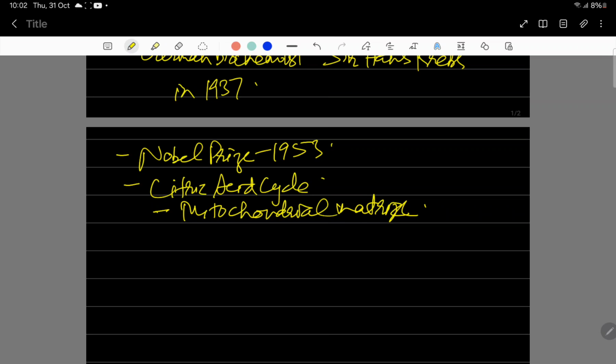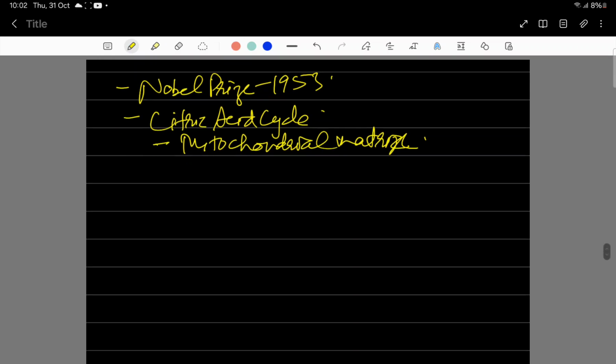Krebs cycle consists of 8 cyclic steps. Each step is catalyzed by a specific enzyme.